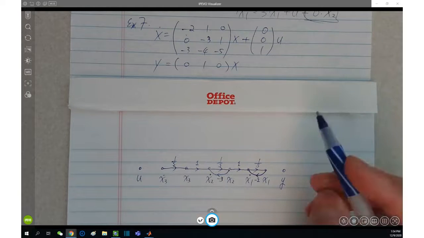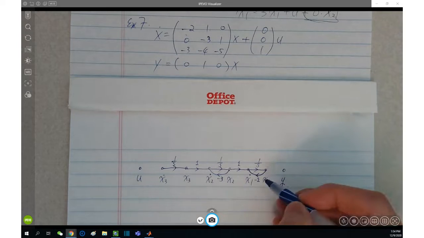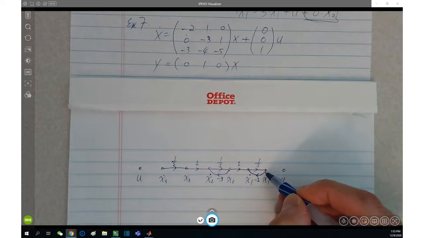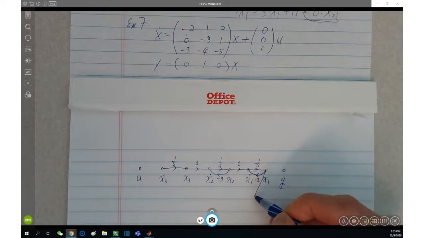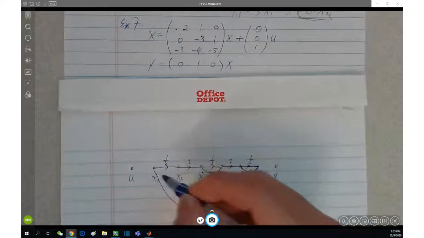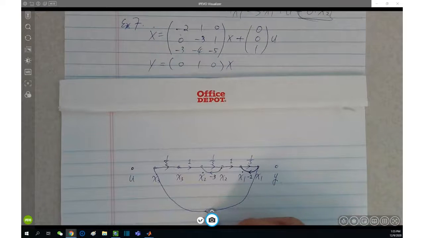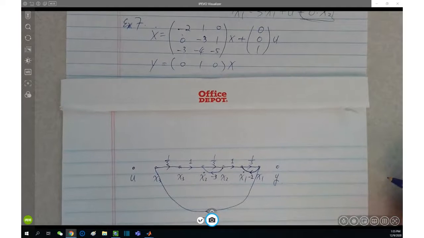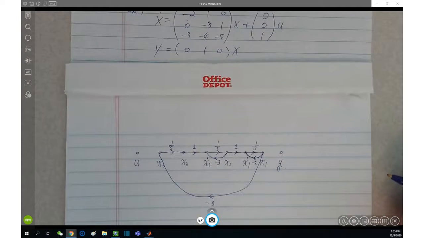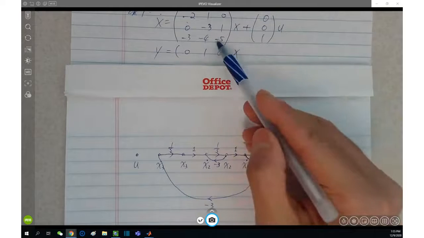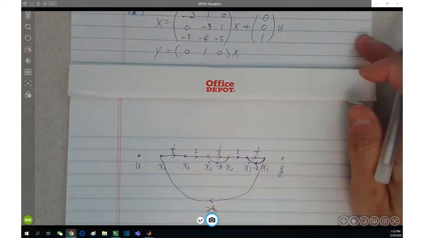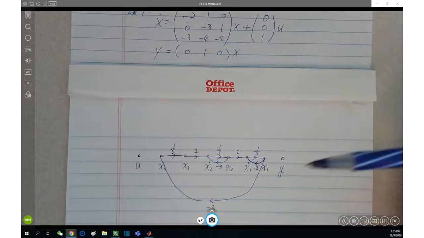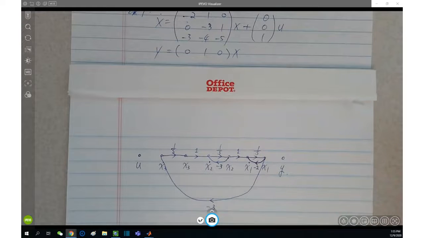However, be careful. When you plot this, you want to have a big curve. The reason is you also have contributions from x2 and x3, which are also moving towards the left, right?